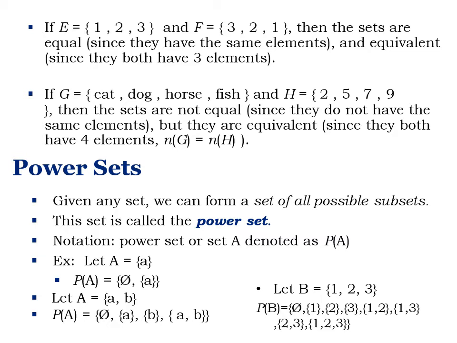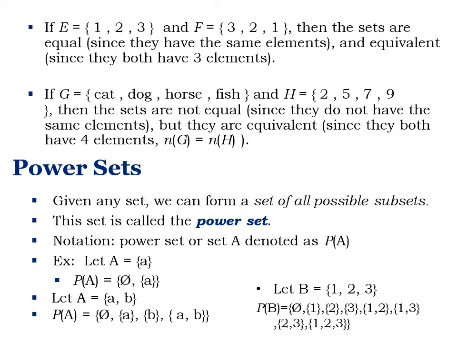Next one, we have the power sets. Given any set, we can form a set of all possible subsets. The set of all possible subsets is what we call our power set. The power set of set A is denoted by the symbol P(A). So let A be equal to this one.